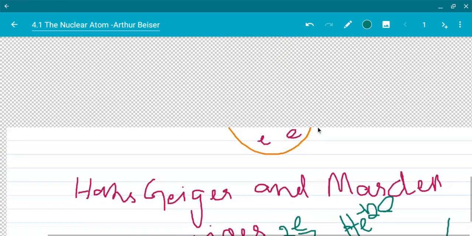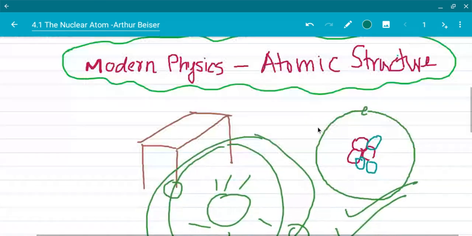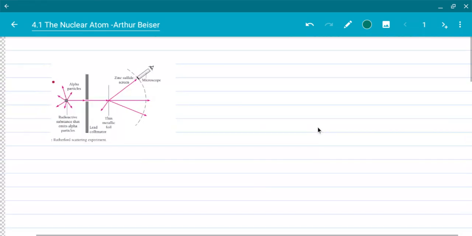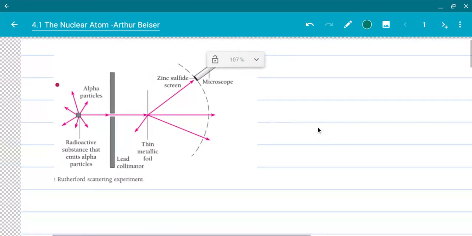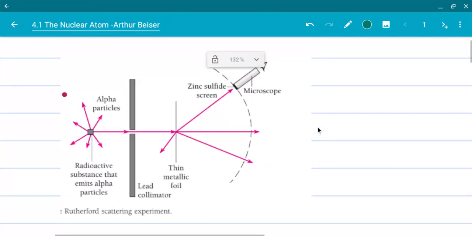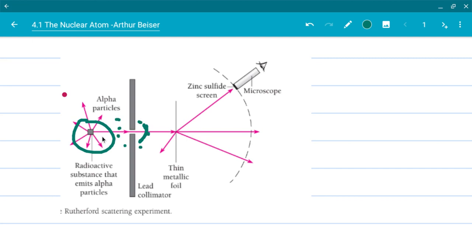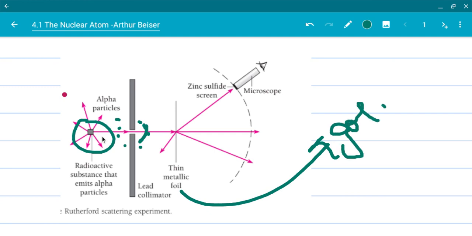Now let me show you how their experimental setup looked. You can observe this image. They took a radioactive substance which was releasing alpha particles, and then a lead screen with a small hole in it, so that alpha particles could move through this very small hole and be directed towards the thin metallic foil, which in this case was made of gold.